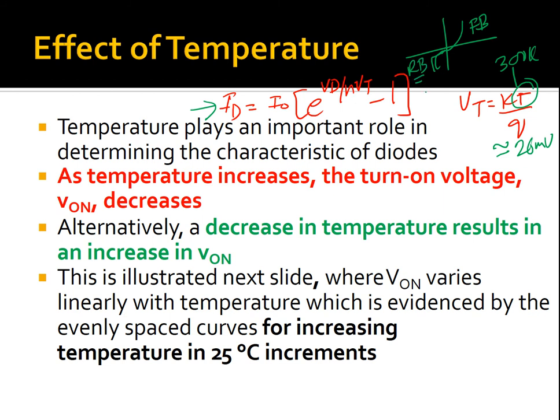The forward bias and reverse bias currents will behave differently for a change in temperature. When the temperature increases, the turn on voltage decreases. The typical turn on voltage for silicon is 0.7.